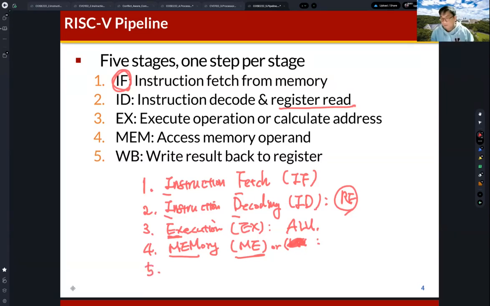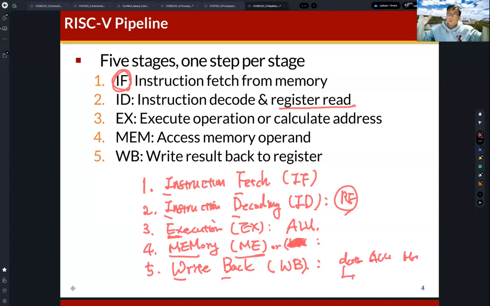And then the fifth step is write back. So I use WB for this step. The data from the ALU or memory needs to be stored in the register file.